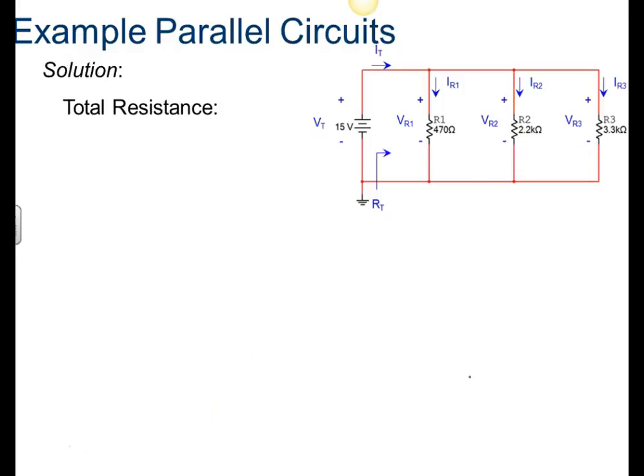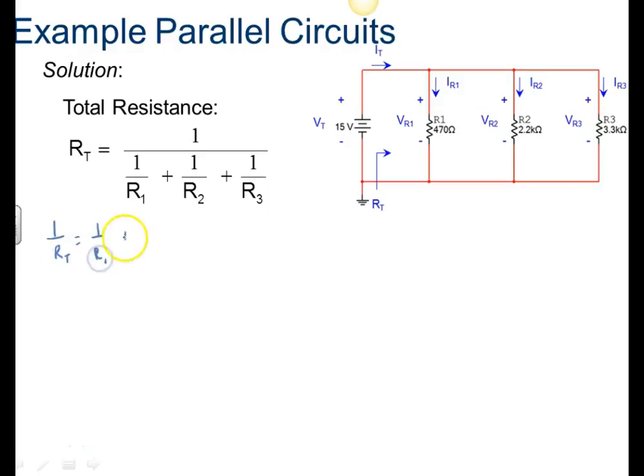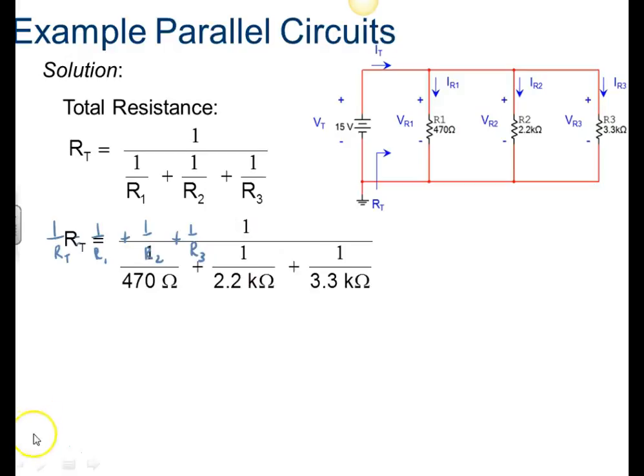Okay. Our total resistance is going to come from this equation. We could also write 1 over RT equals 1 over R1 plus 1 over R2 plus 1 over R3. Let me erase that.